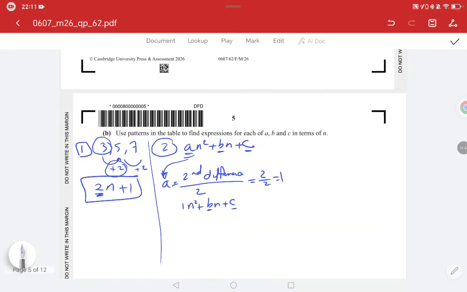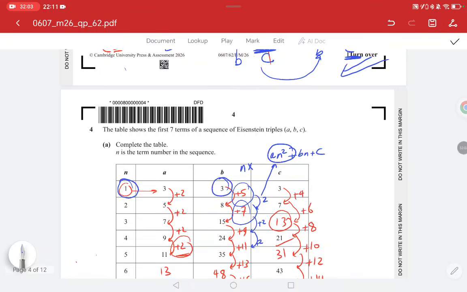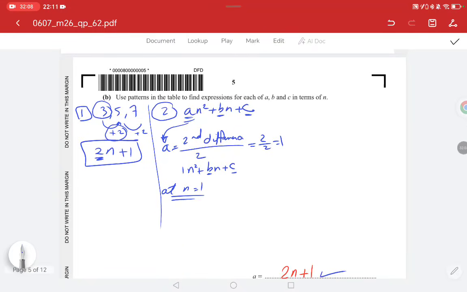We have two unknown variables, so we should have two equations to solve them. At n equals 1, what is the value? The term is 3, so let's substitute by 1. So it will be 1 plus b plus c equals 3. So b plus c equals 3 minus 1, which is 2. This is the first equation.